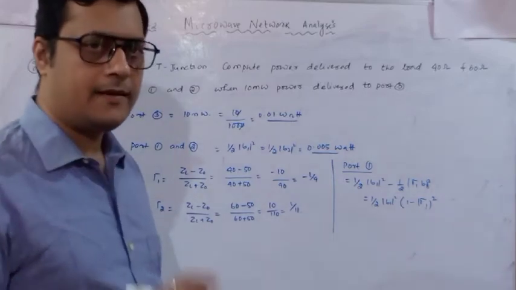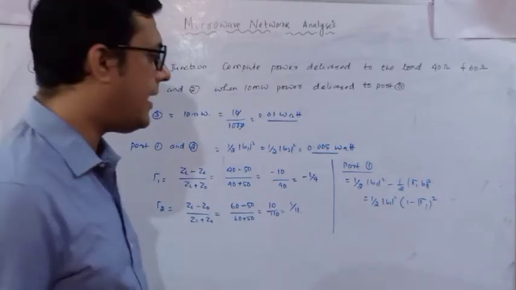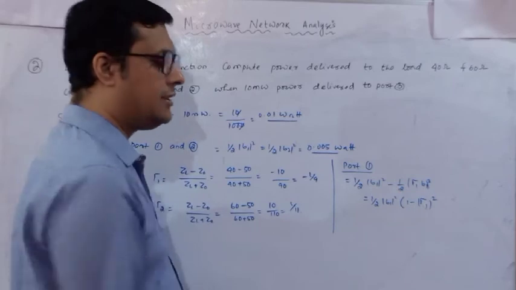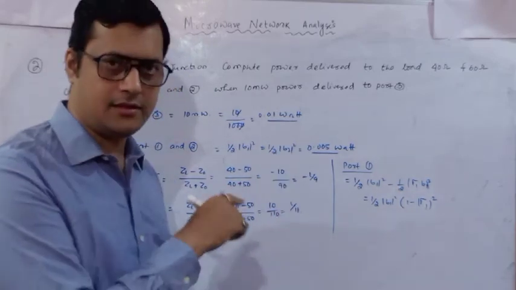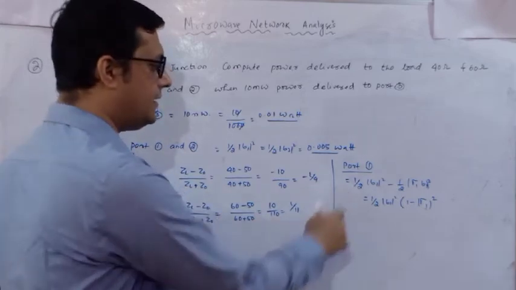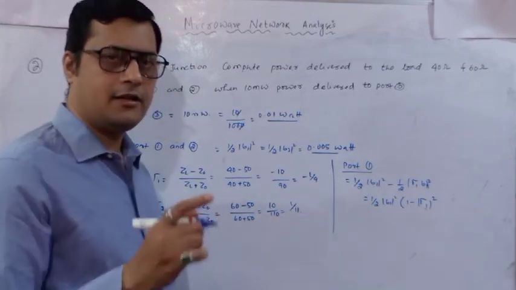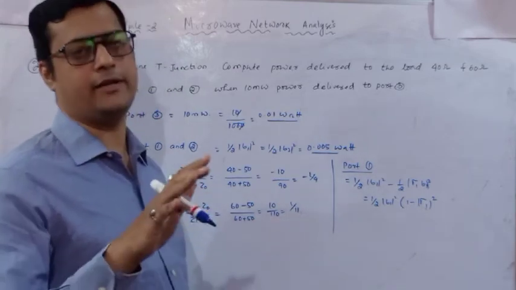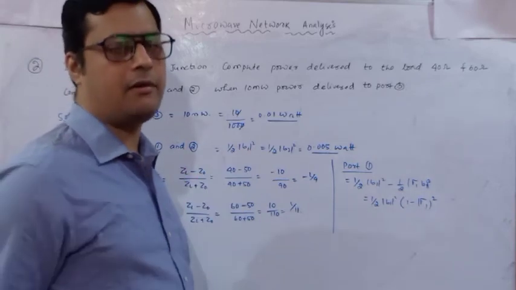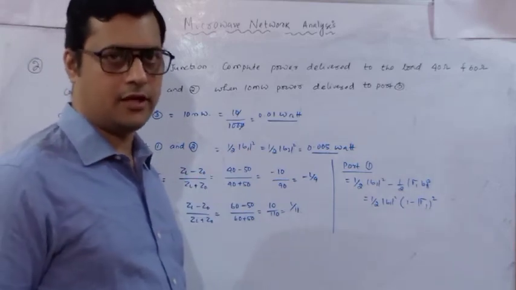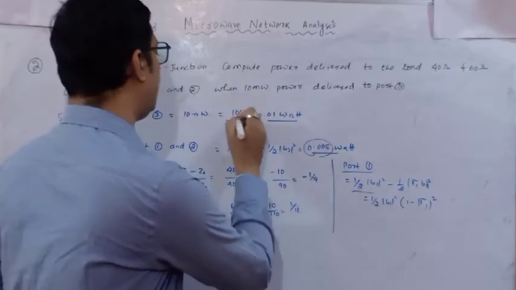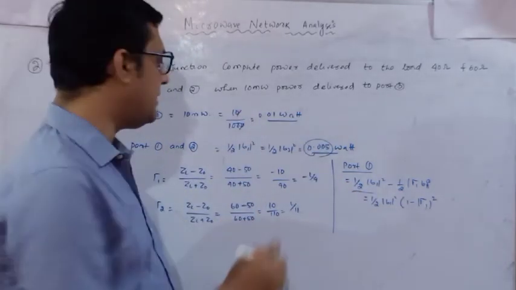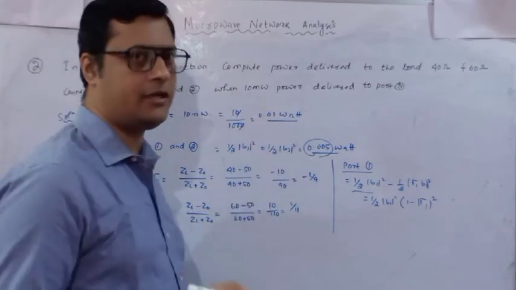Now it is incident. Okay, either you can proceed with respect to this relation or you can proceed with respect to the previous relations. Now in this, what I have done: in port 1 there is no incident power, it is only the reflected power we are going to deliver. Okay, so B1 is the power available with respect to port 3, that is half B1 square, half B2 square is port 3.